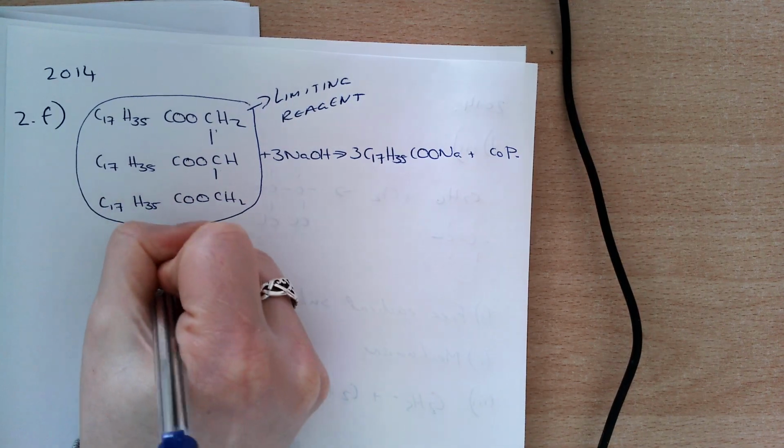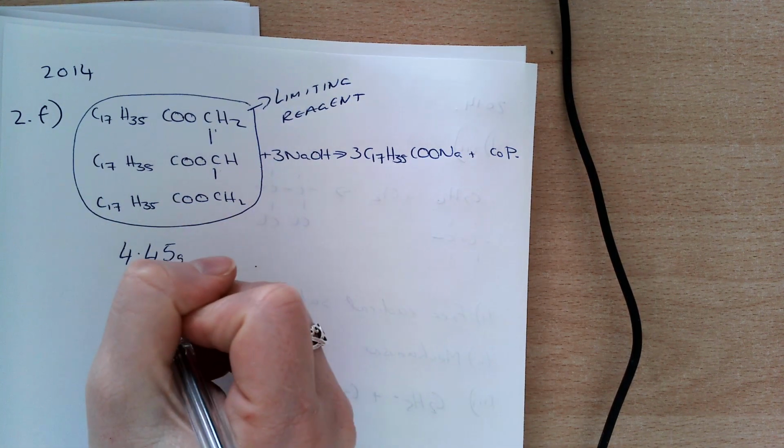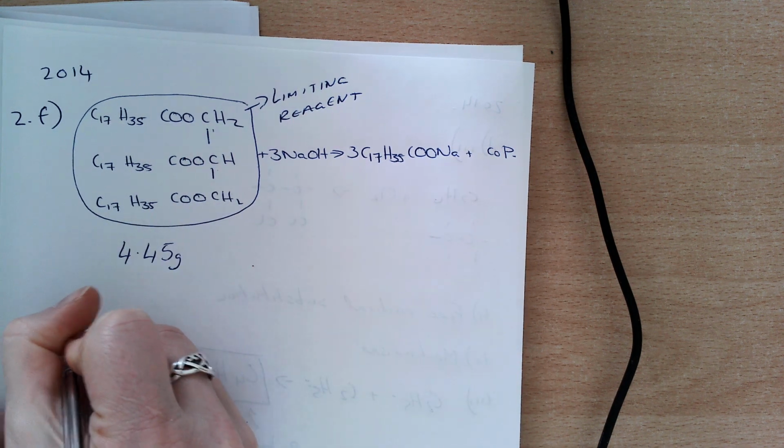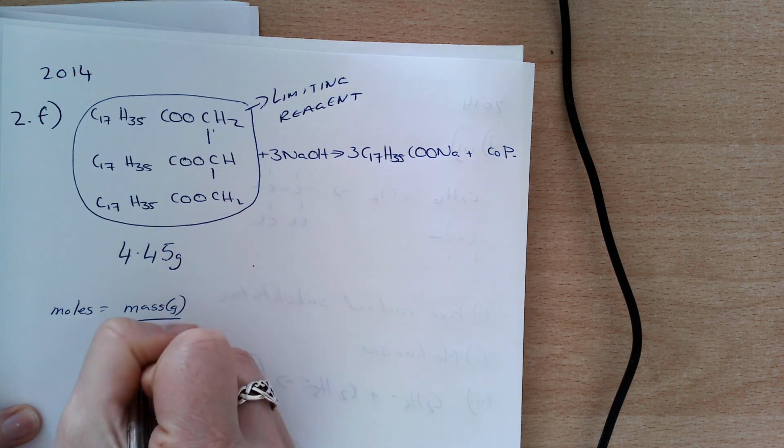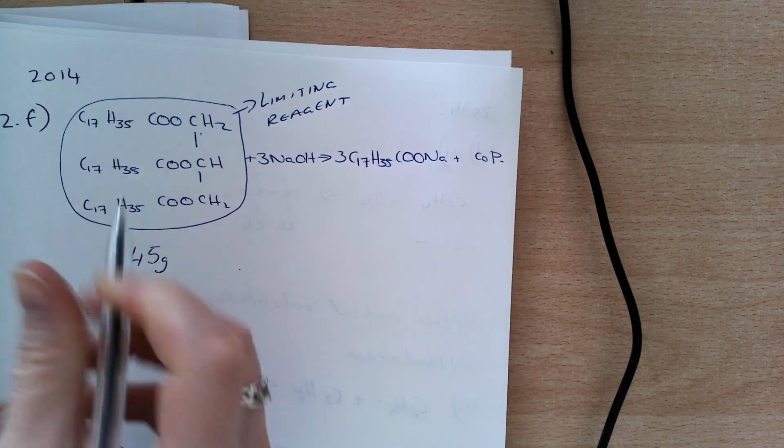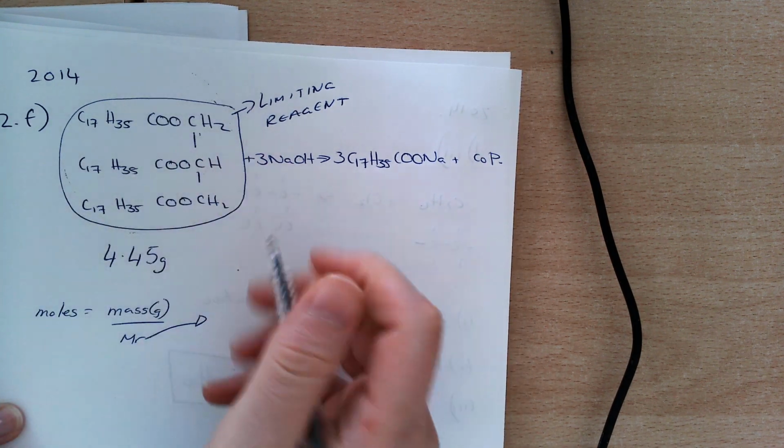So that's 4.45 grams. Firstly, I'm going to work out my number of moles. Moles equals mass in grams over my relative molecular mass, and it is my relative molecular mass of all of this.